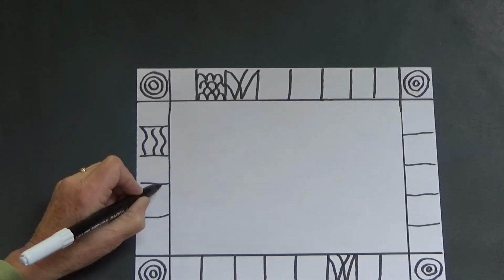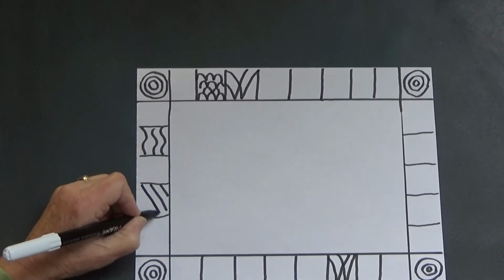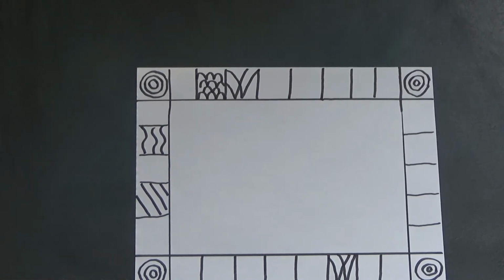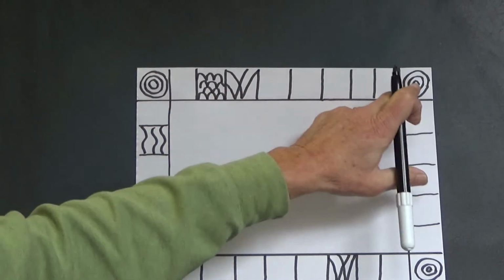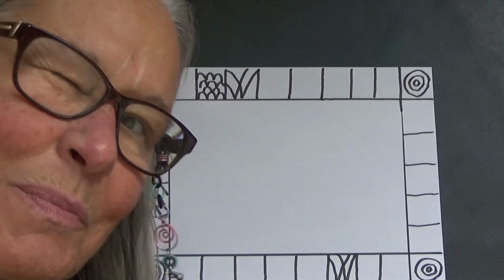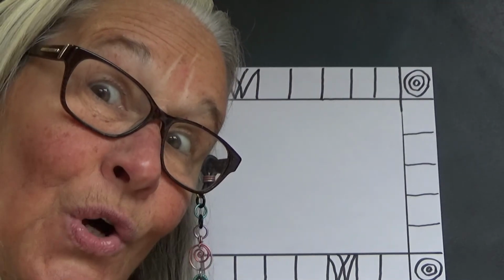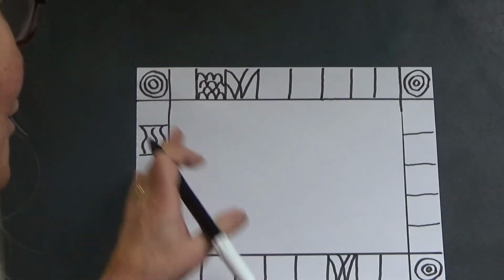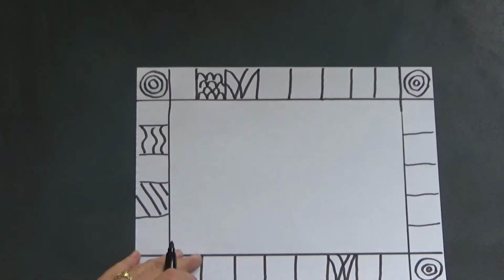So think of some patterns that you might want to use, just lines and shapes, and fill each individual little square with patterns. Okay, you can repeat those. I'm not going to take the time to finish the whole thing right now. But once you've done all that, then you're going to draw a picture of yourself.